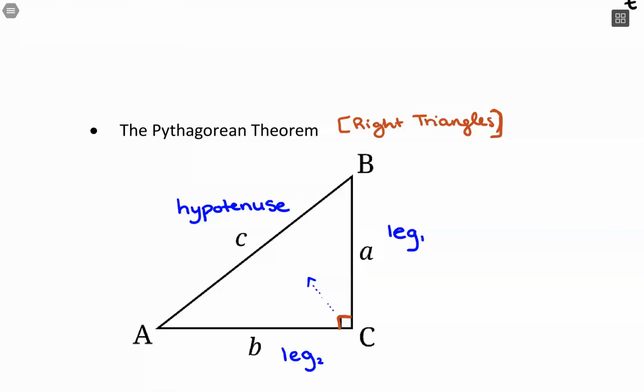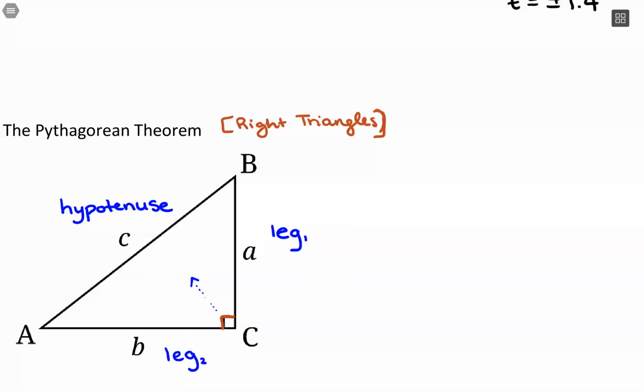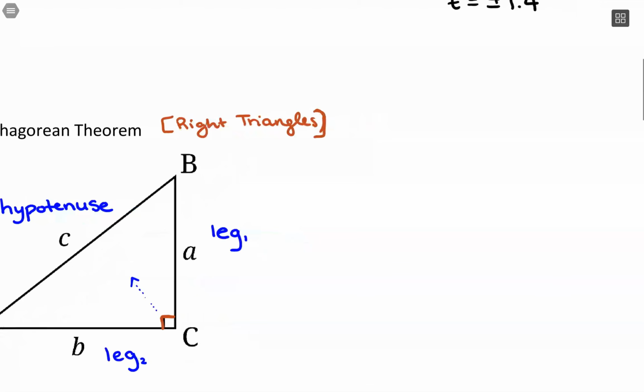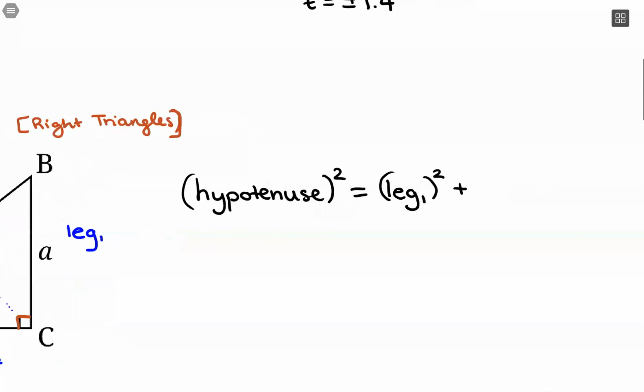So when we have a right triangle, there's a property that works with relating our side lengths. Now this property tells us that if you take that hypotenuse squared, and I'm just going to write this out in words for us, so the hypotenuse, if we square it, it's going to be exactly equal to the sum of each of the legs squared. Meaning, if we take leg 1 and square it, and add it with the other leg squared, it'll be completely equal.